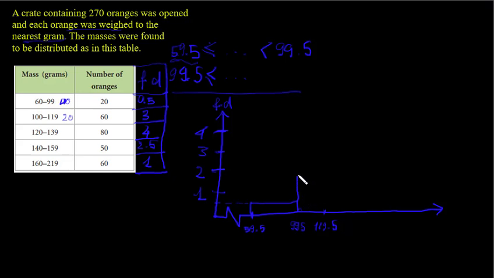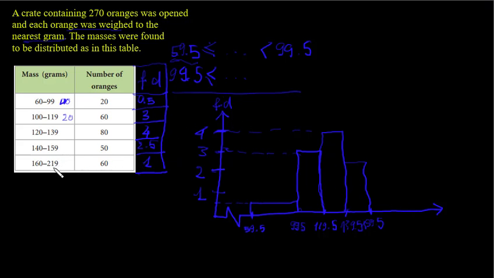So after 3 here, the next one will be 139.5 up to 4, this one 4, and the next one 159.5. So this one is 2.5, which is in here.